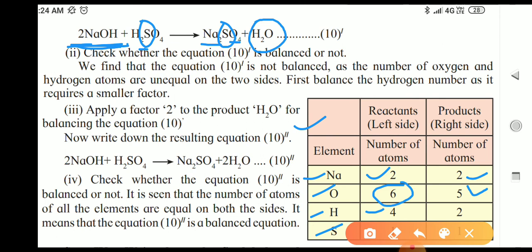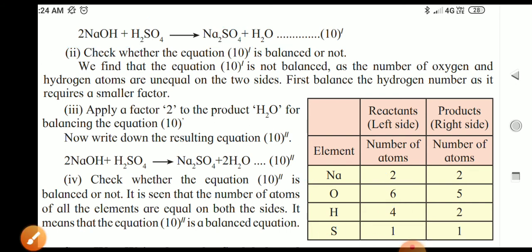Now we can see here oxygen and hydrogen are unbalanced. So we have to balance either oxygen or hydrogen in this step. Now we can balance hydrogen. Hydrogens in the reactant side are 4 and in the product side there are 2.